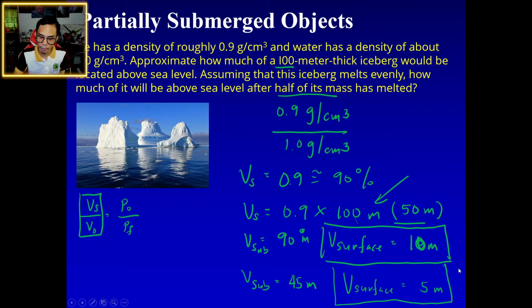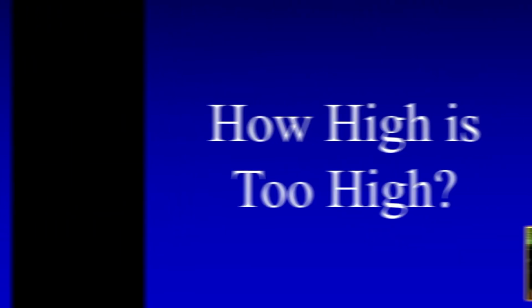As you can see right here, if the iceberg is melted evenly, and half of it, from 100 to 50 meters, suddenly melts away, the volume of the iceberg on the surface is still around 10% of its total volume. So that is the partially submerged object.